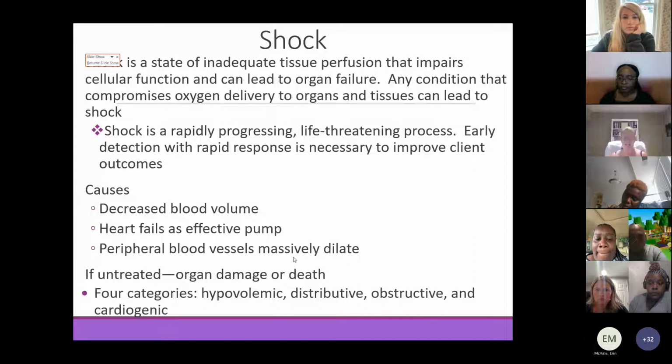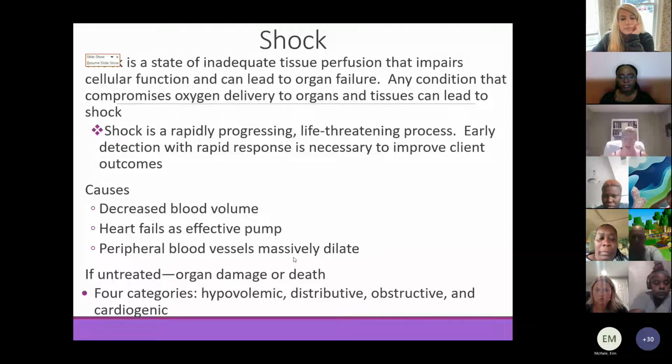It's going to impair all of our cellular function in our body. And anything that leads to organ failure is no perfusion to those organs, and essentially no oxygen as well. Because if we're not perfusing our organs or our brain, we're not getting any oxygen there either.